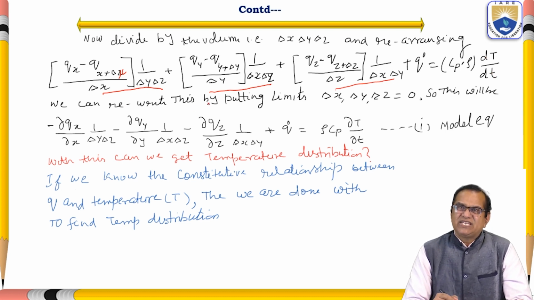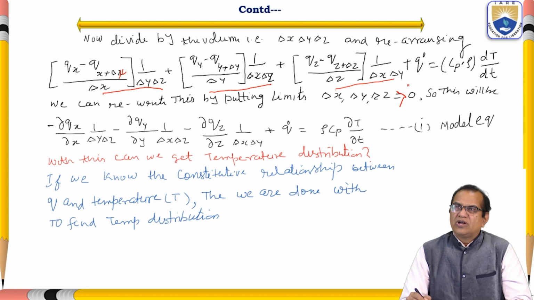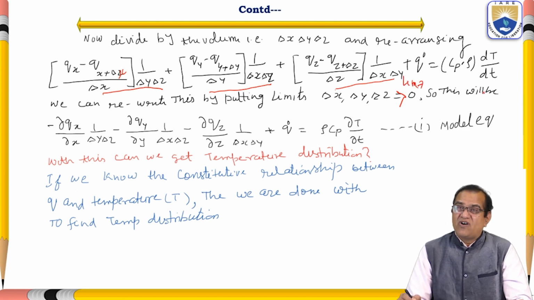We can rewrite this by putting the limits. If delta x, delta y, delta z tends to 0, then we can write it in differential form.